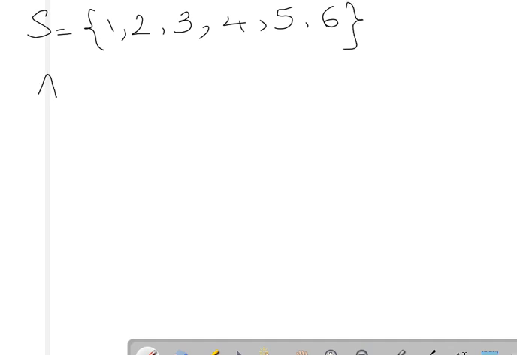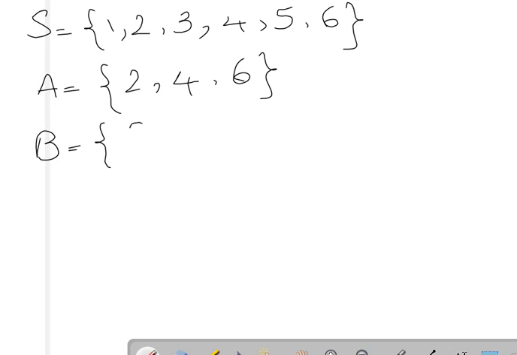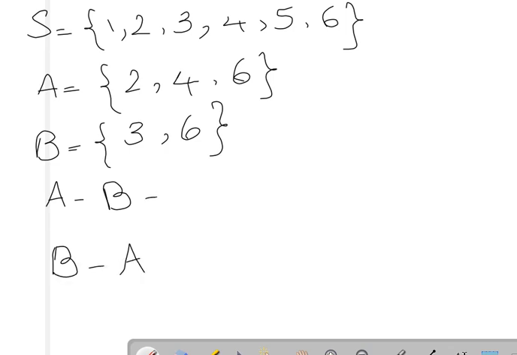We have again A, even numbers, and B, multiples of 3. We want to obtain A minus B and B minus A.